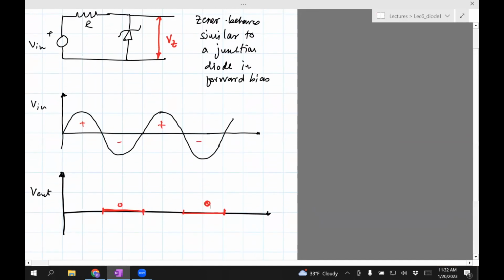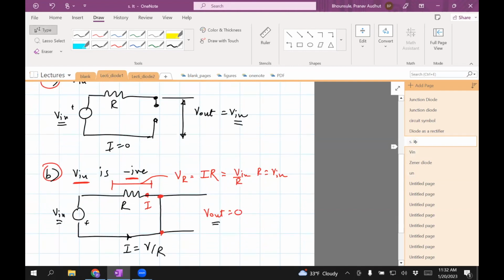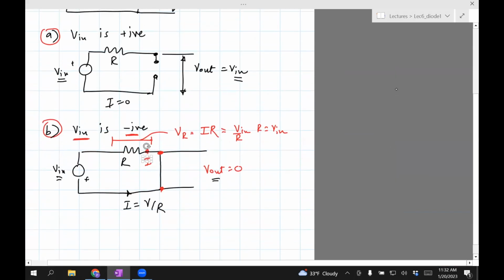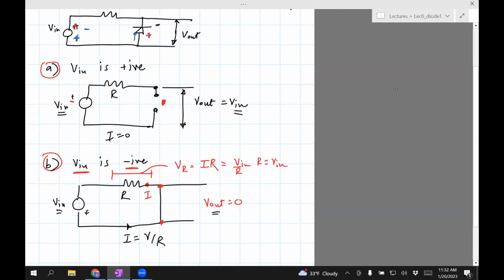Now, when V in is positive, the diode is reverse biased. The reverse bias behavior says that V out is V in. That's true for the junction diode as long as V out is less than VZ. The moment it becomes greater than VZ, it'll clip it to 5 volts.